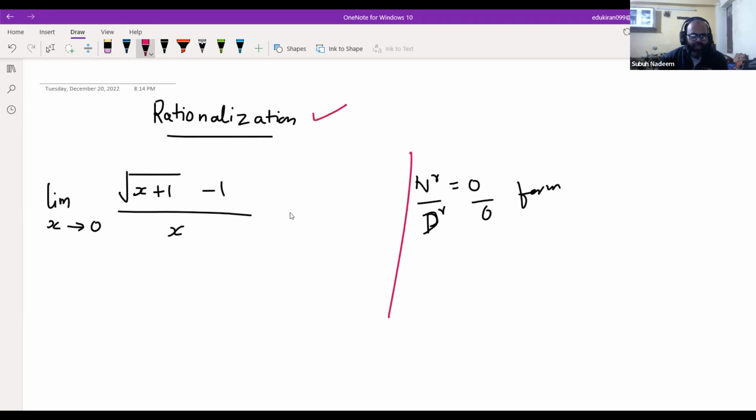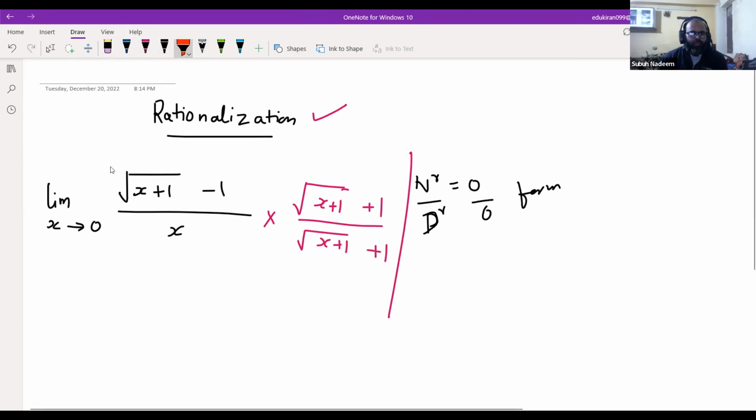So in rationalization, we take root over x plus 1 plus 1 upon root over x plus 1 plus 1, in the numerator also and in the denominator also. Now we multiply this with this. So we get limit x approaching 0. This is a minus b into a plus b.